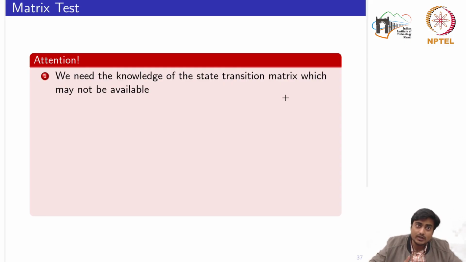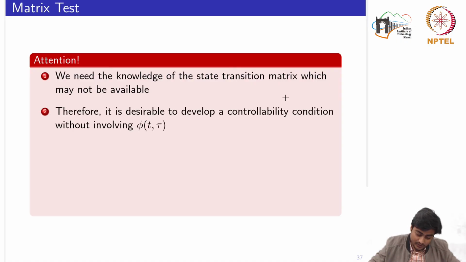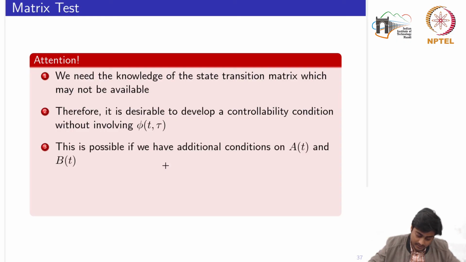Now if it is not possible to compute the state transition matrix, you cannot compute the controllability Gramian, right? So we need to find some other conditions such that we could escape the computation of the state transition matrix.